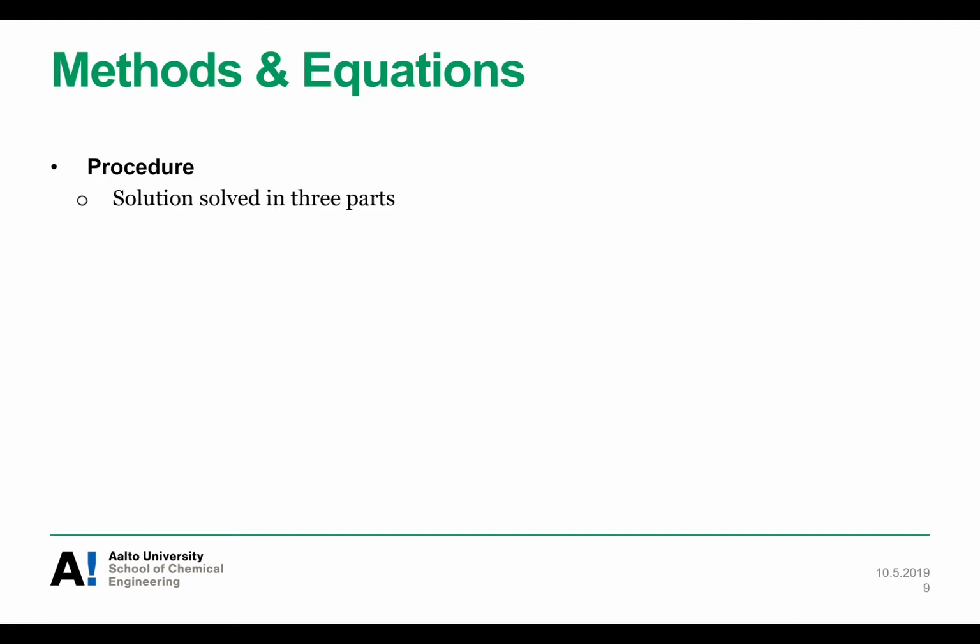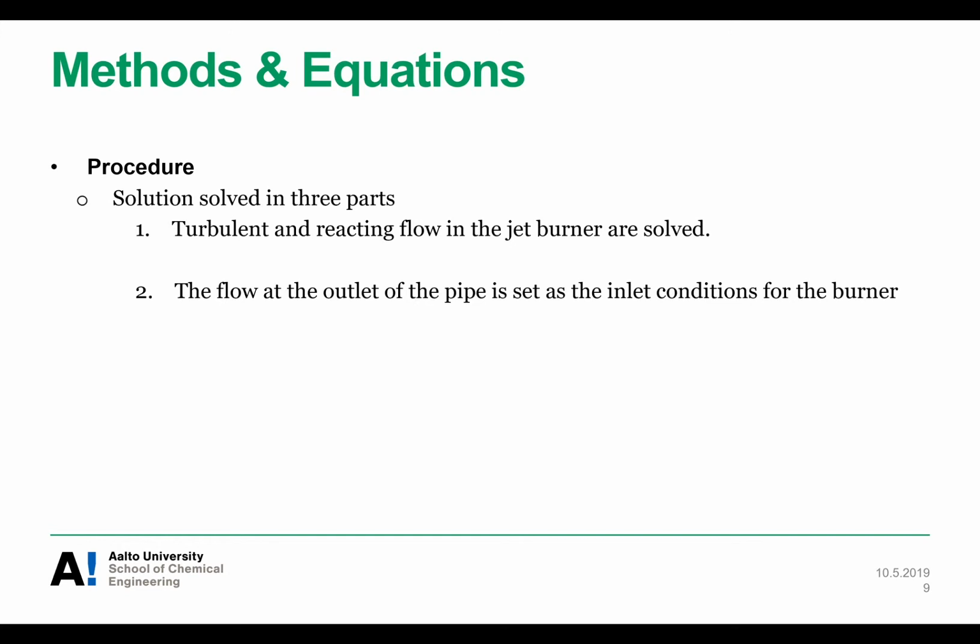So the procedure, well, this was solved in 3 parts. In the first part, the turbulent and the reactant flow in the jet burner are solved, and then the flow at the outlets is set as the inlet condition for the burner.